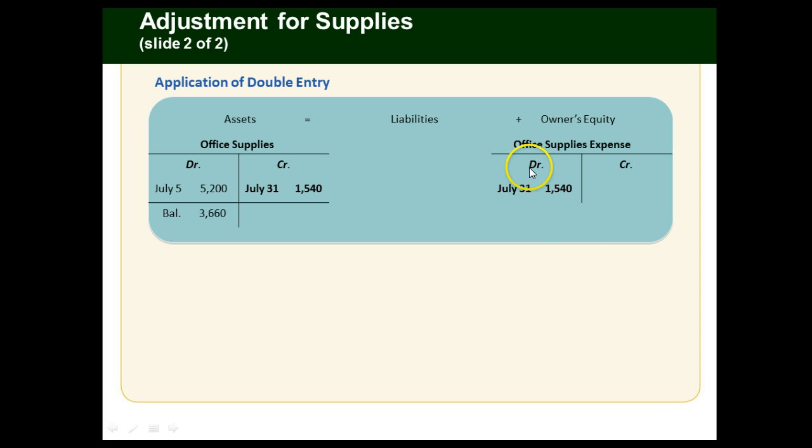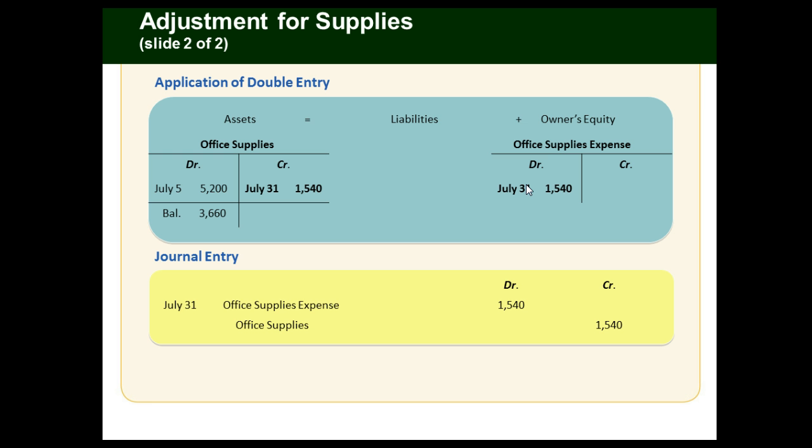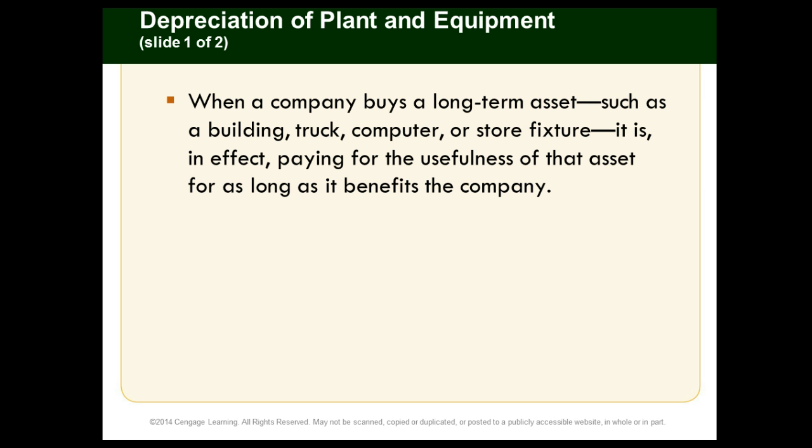That is an expense that's been incurred in the current operating period. And our journal entry would be increasing our expense account and reducing our office supplies because we don't have it anymore.